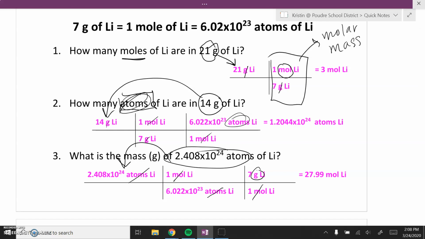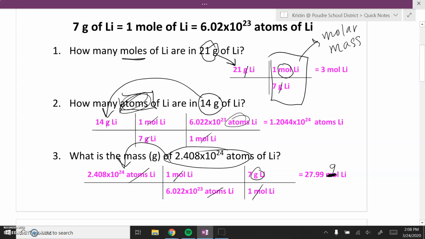Like usual, we end up with 27.99 moles of lithium, basically 28 moles. Wait a second. That should say grams. That makes way more sense. I was like, that's a lot of moles. Okay, that's grams, you guys.